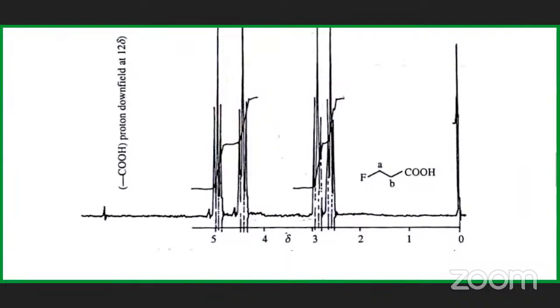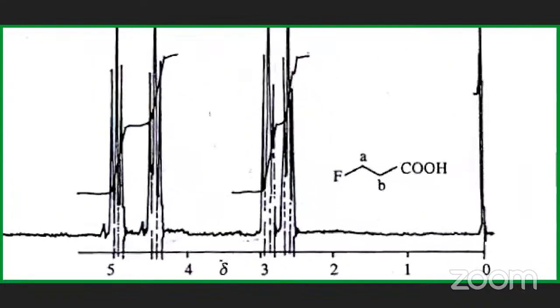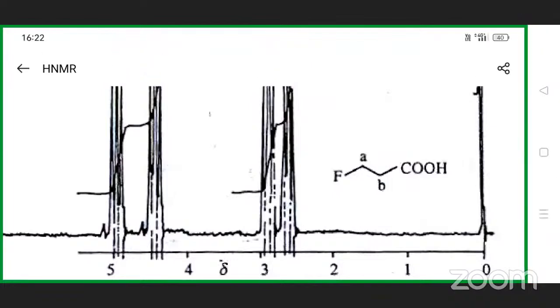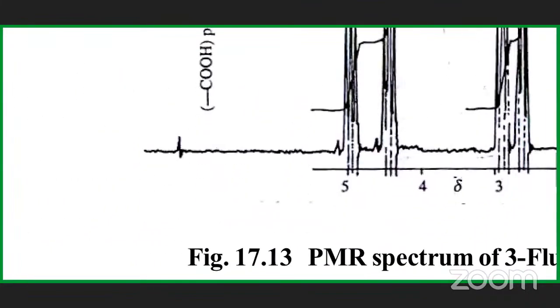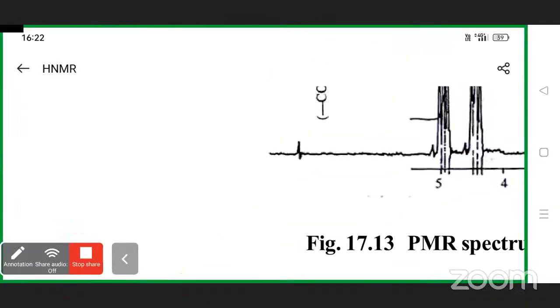For this A set of protons, what is the multiplicity here? The A set of protons is a triplet, and for the B set of protons again it is a triplet here. Okay, because there is a CH2 group neighboring, you can get a triplet for both sets of protons, and for the carboxylic acid proton you get a singlet. That singlet appears in the range of 12 here. You can see this very small signal here.